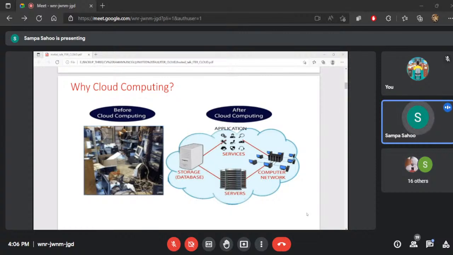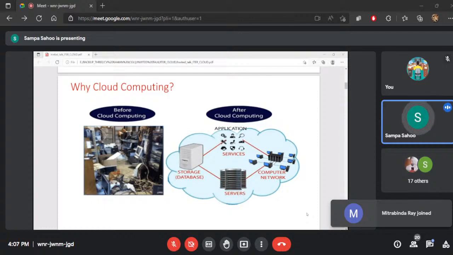So how does renting a house help? The house will be provided by the owner, and you can make changes according to your requirement while you rent a house. So like that, before cloud computing, all the maintenance and hardware requirements had to be done by that company or organization.